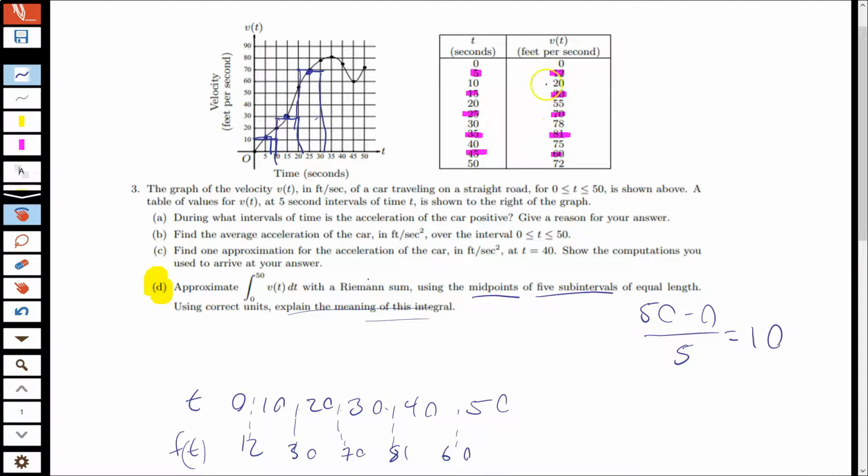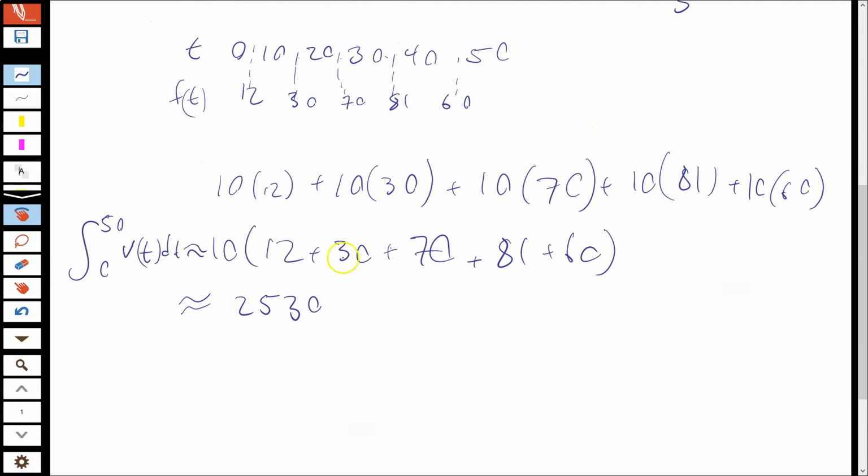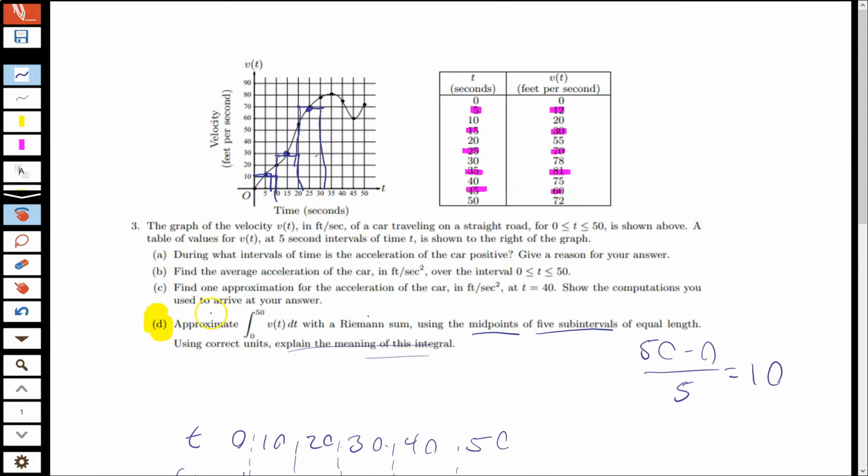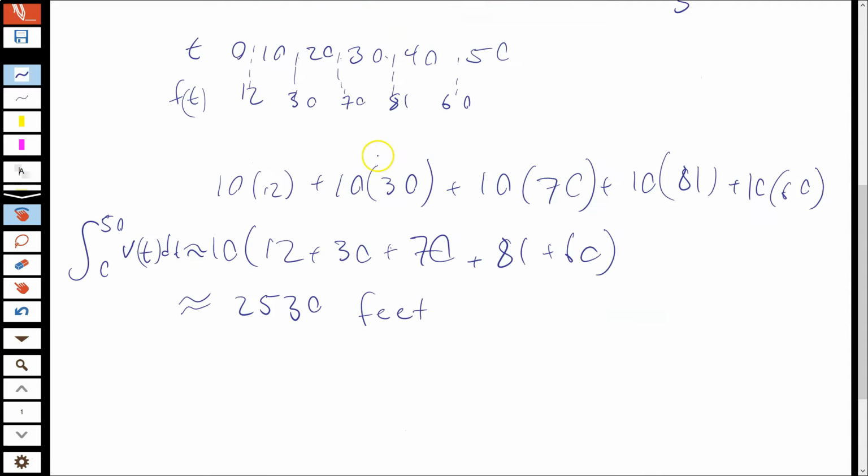So if this is a rate of change in feet per second, this is just going to be feet, right? Just like the derivative of distance in feet would be feet per second, we're doing the opposite here. So feet would be our label, and this is our standard example: the velocity of a car traveling on a straight road. We tackled this at the beginning of the unit, right? The integral, the area underneath this curve, represents the total distance traveled by the car.